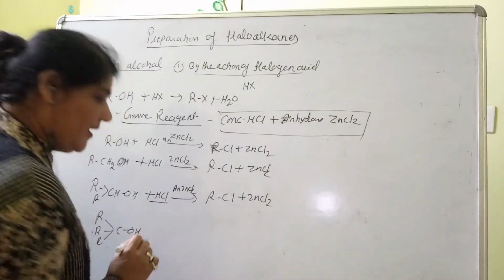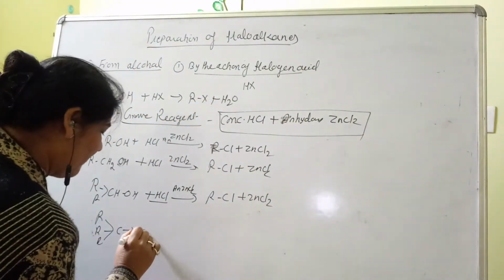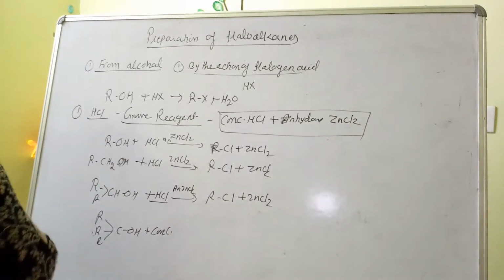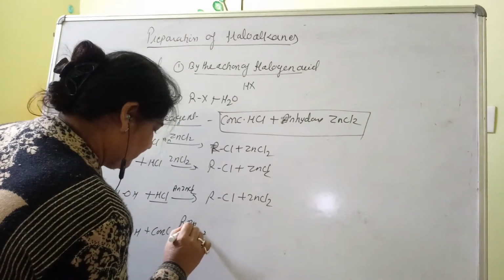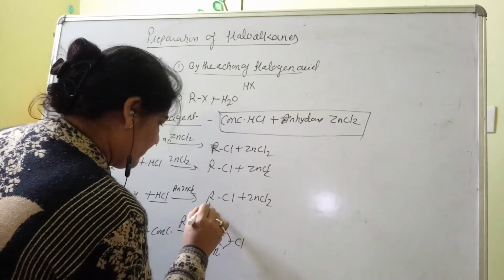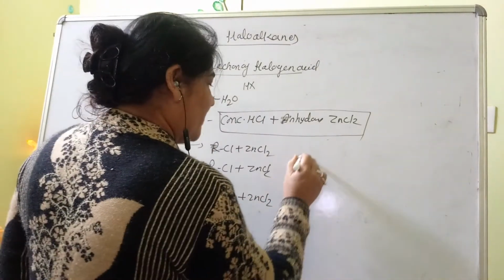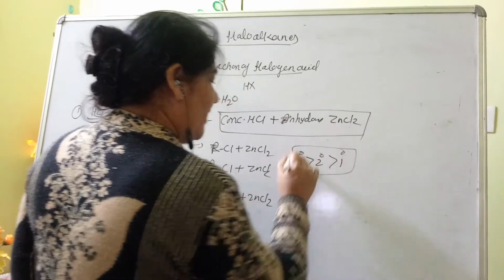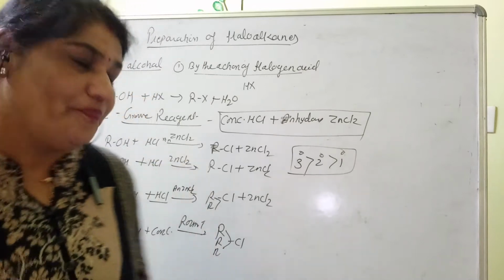But the tertiary alcohol reacts very easily: you simply shake it with concentrated HCl at room temperature and it forms the tertiary halide. The reaction is very fast with tertiary, then secondary, and very slow with primary.